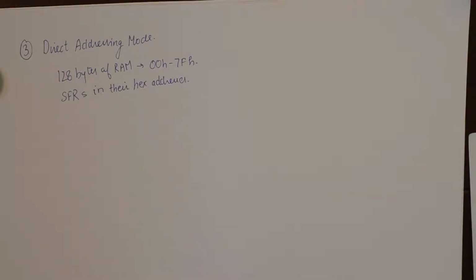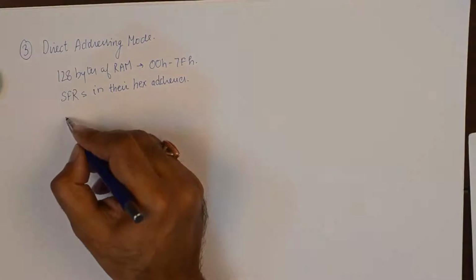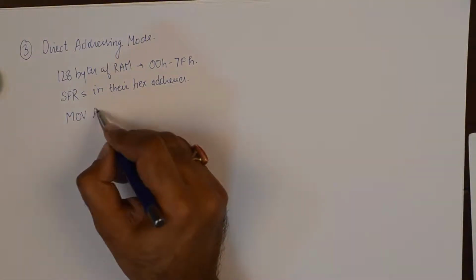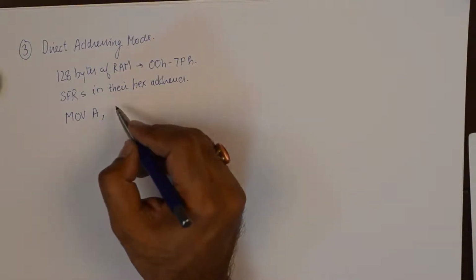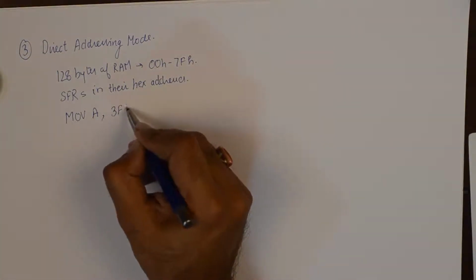Again, I'll give some examples here. For example, move A, comma, some valid address from this range, say 3FH.